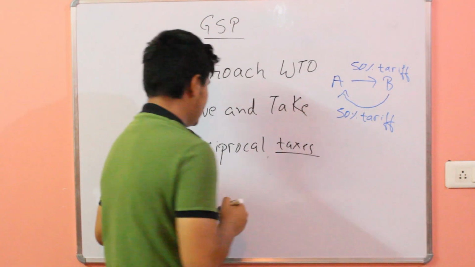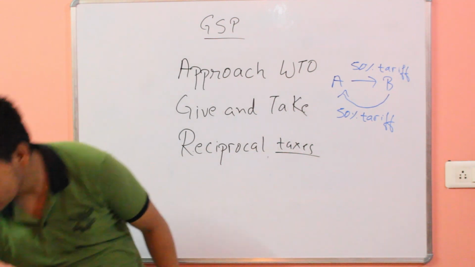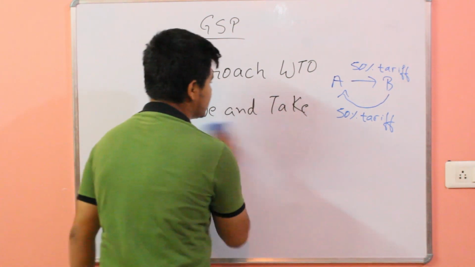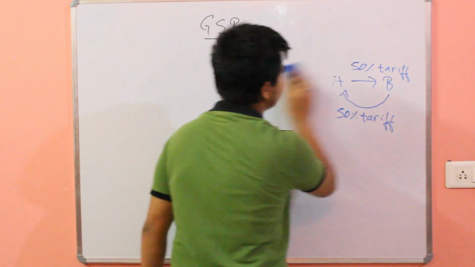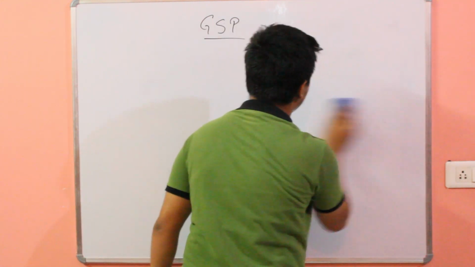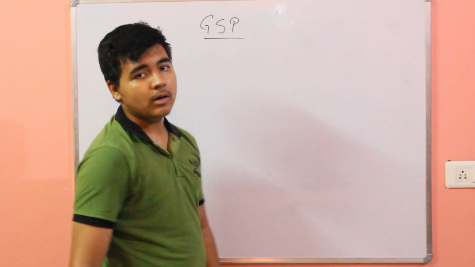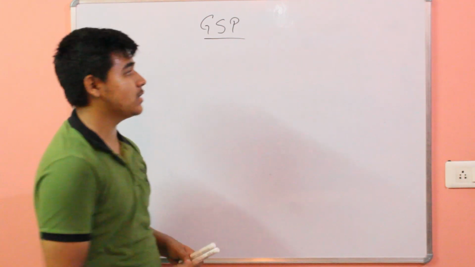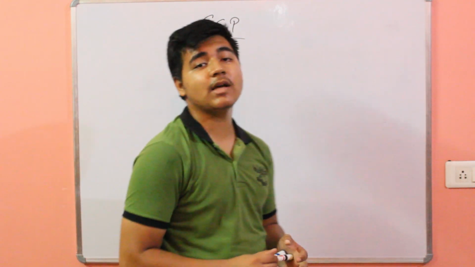This is the concept of reciprocal taxes. So these are the counter protective measures that India can take against the withdrawal of GSP. So this marks the end of the video.